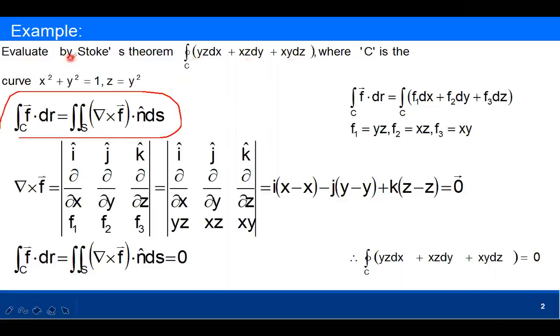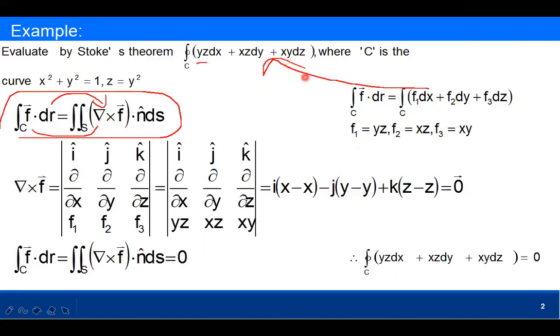So by using Stokes theorem, whenever a single integral is given, we are converting it into a double integral. If the double integral is given, we are converting it into a single integral and calculating easily. Since integral f bar dot dr equals integral f1 dx plus f2 dy plus f3 dz, comparing this with the given problem, f1 equal to yz, f2 equal to xz, f3 equal to xy.